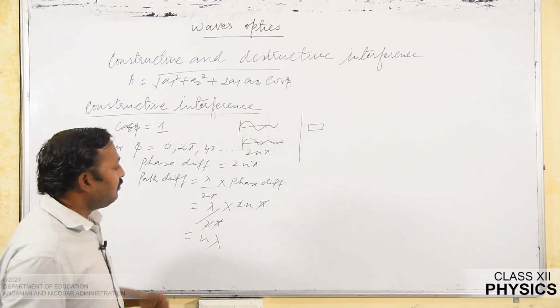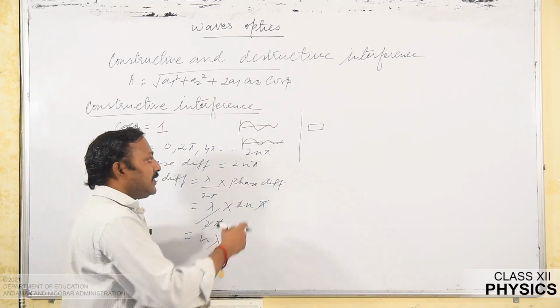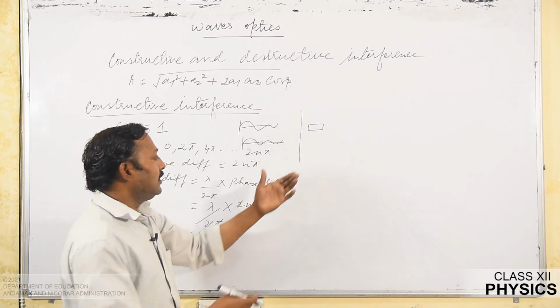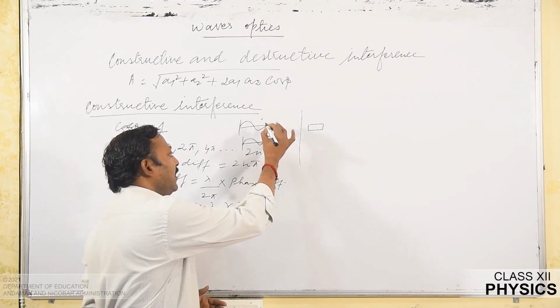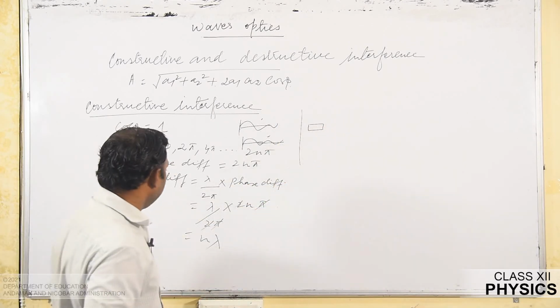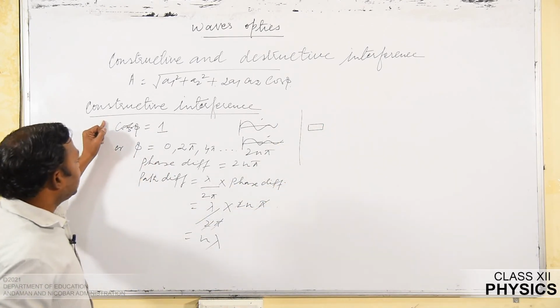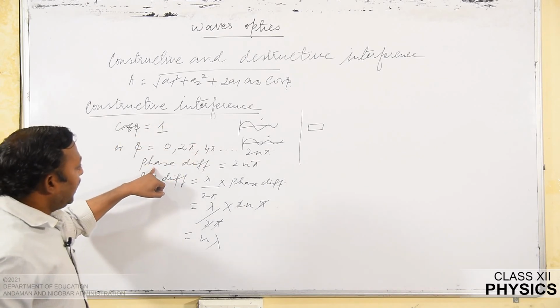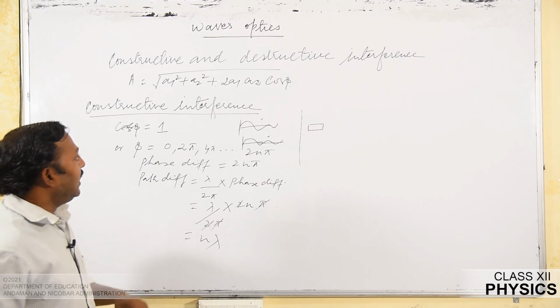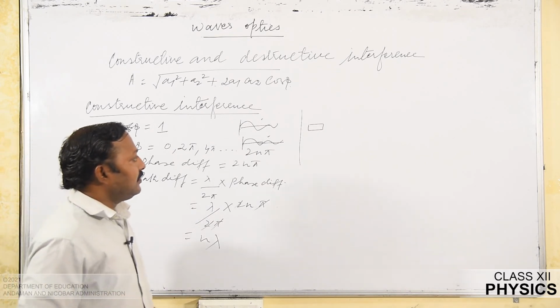That means the resultant amplitude will increase and the resultant intensity will increase. So brightness will be more than the brightness of individual waves, which is obtained on the screen in the form of fringes. So the condition for constructive interference is either phase difference equal to 2n pi or path difference equal to n lambda. Now we will see the destructive interference.